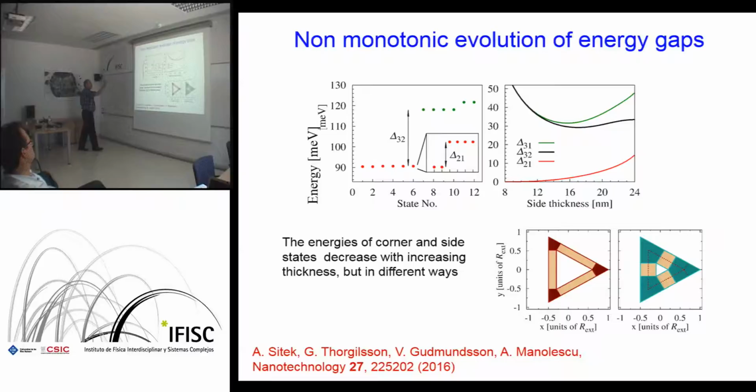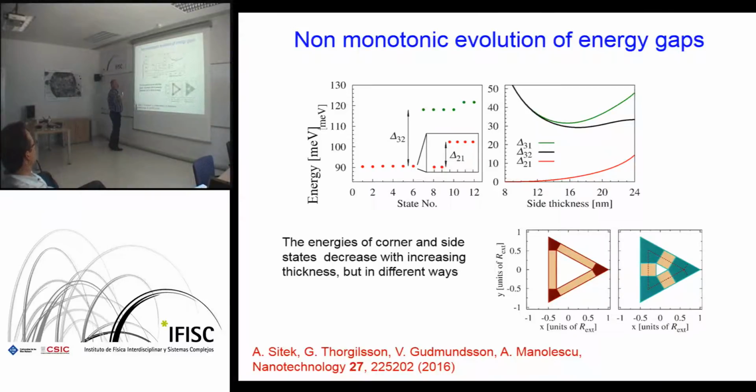The energy of the corner states and of the side states depends somewhat differently on the thickness. The energies of the corner states depend on the area of the corner, and then if you look at the side, you see a different shape.